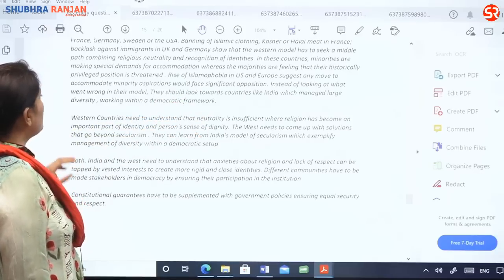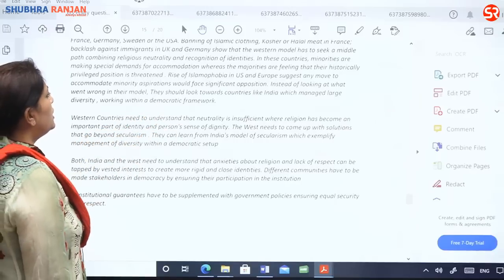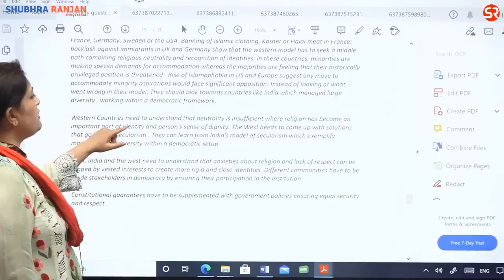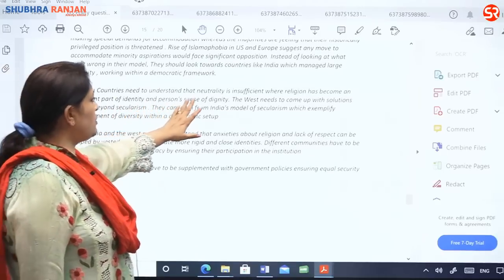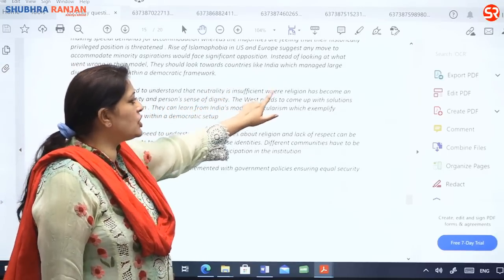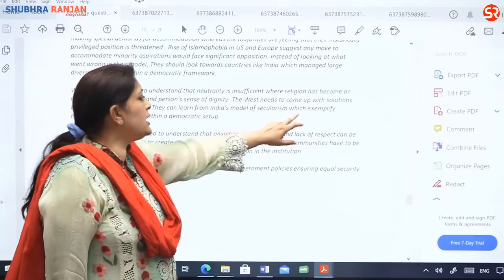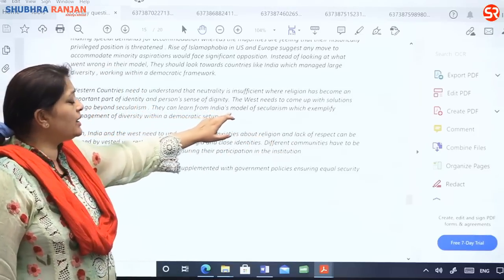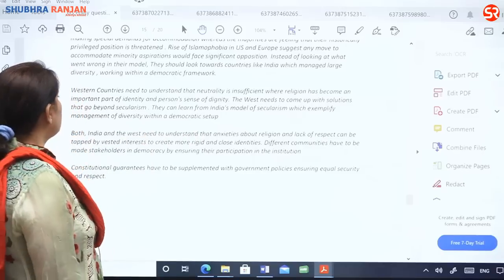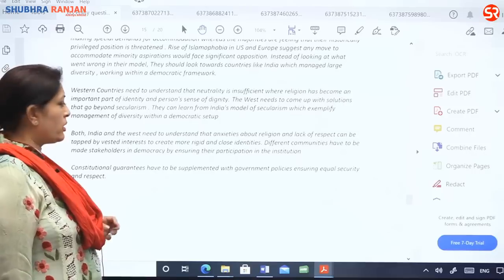Instead of looking at what went wrong in their model, they should look towards countries like India, which have managed large diversity while working within a democratic framework. Western countries need to understand that neutrality is insufficient where religion has become an important part of identity. The West needs to come up with solutions that go beyond secularism. They can learn from India's model of secularism, which exemplifies the management of diversity within a democratic setup.